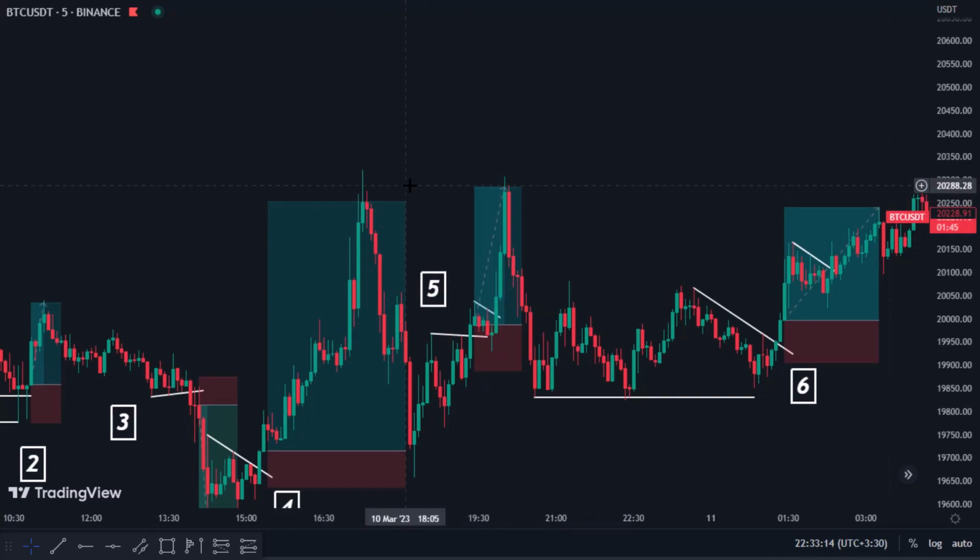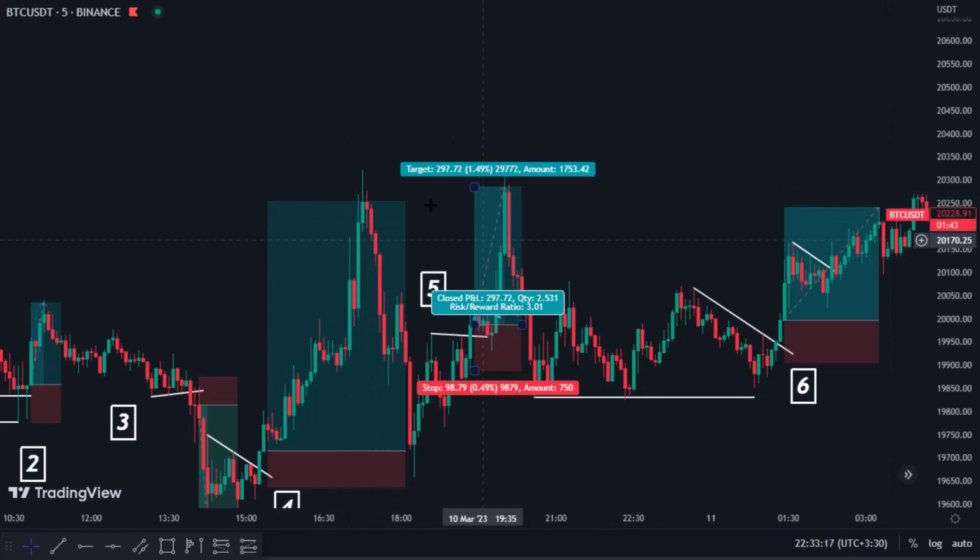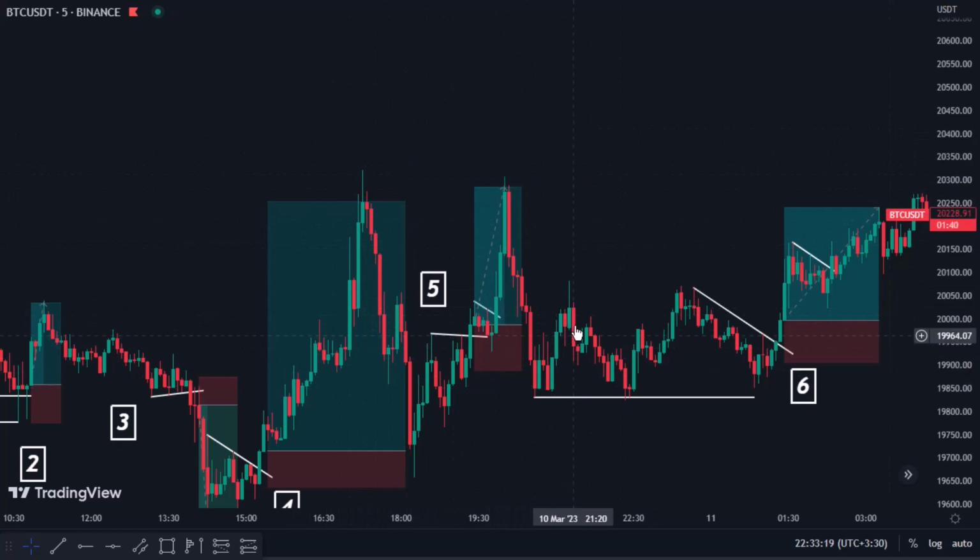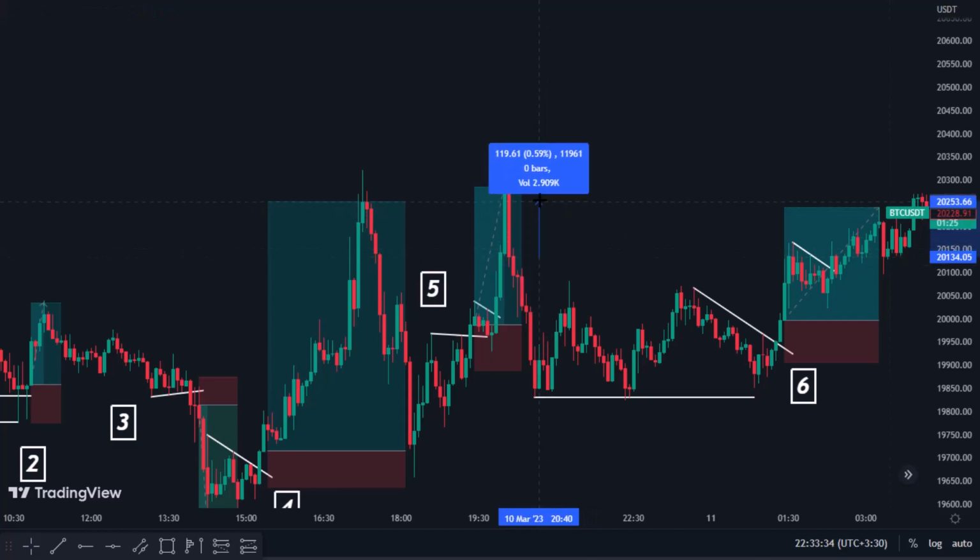You can see it was near this resistance area, and we could also enter a sell position, but the candle that reacted to that level was not nice. It was nice, but the size of that was not nice. If you enter here, you have to put your stop loss above that candle.